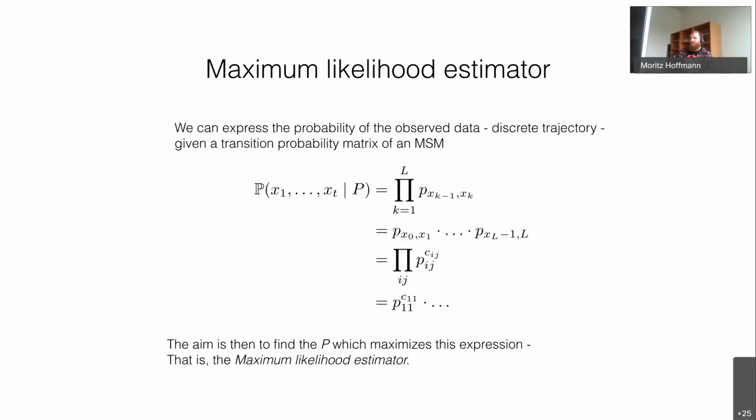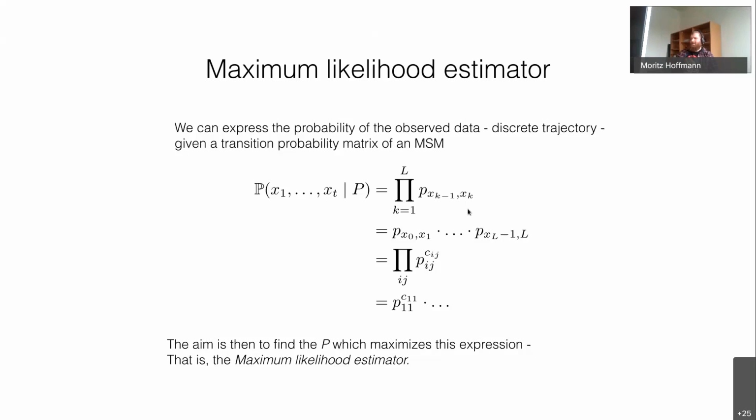And based on this count matrix, we can create a maximum likelihood estimator of the transition matrix, the P that we are actually interested in. So the likelihood of the transition matrix, so the probability that we have a time series x1 to xt under our model P, can be written down as just the product of the state transitions.